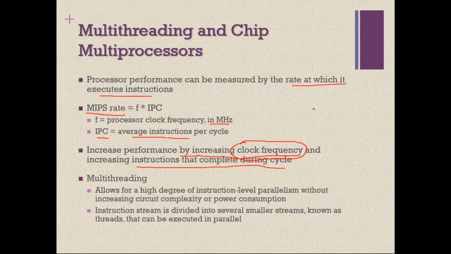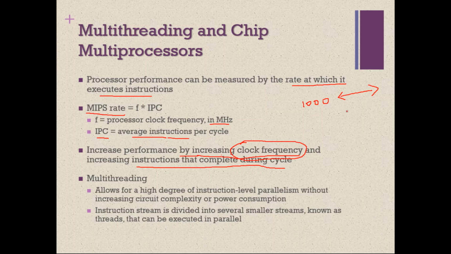For example, previously the processor was executing say 1000 instructions per cycle, with a clock frequency of, say, 800 megahertz or 900 megahertz.